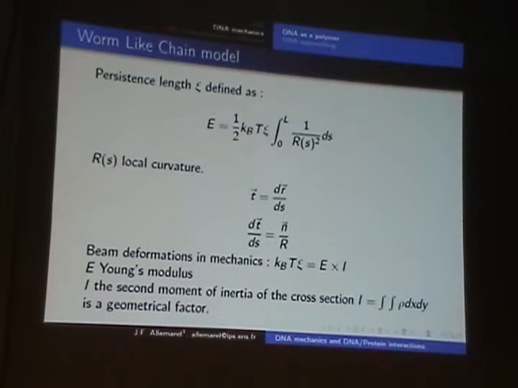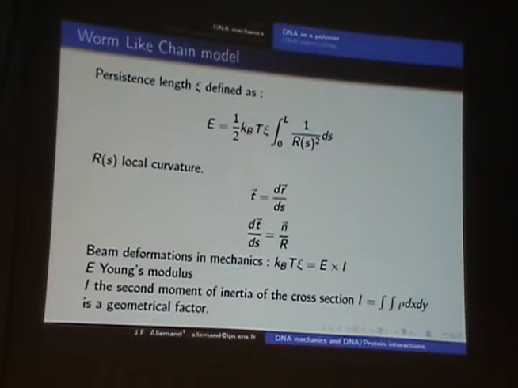And you define the distance length psi simply as the energy it takes to form a circle. If you make a circle of radius psi, you get a value of kBT. So you can use this as a definition. Your polymer is going to bend, you will have local curvature along your chain, and you are going to sum all these contributions to get the energy. And so the parameter here will be the distance length.